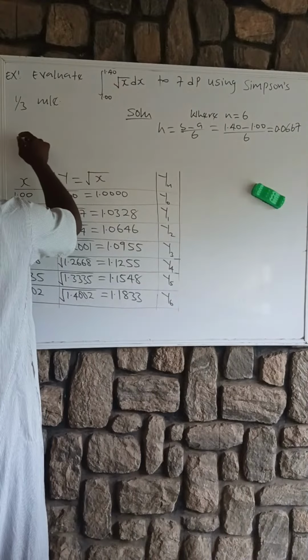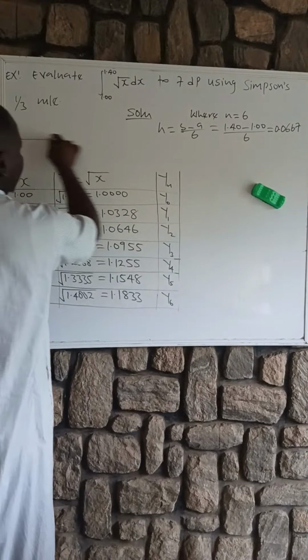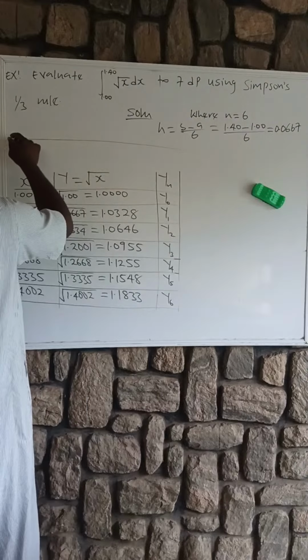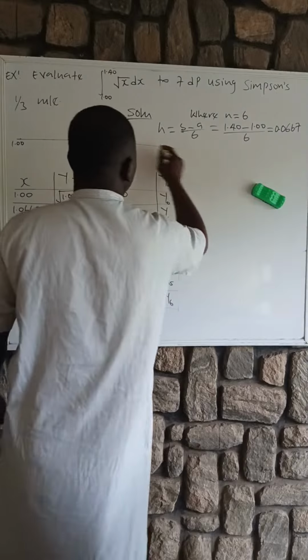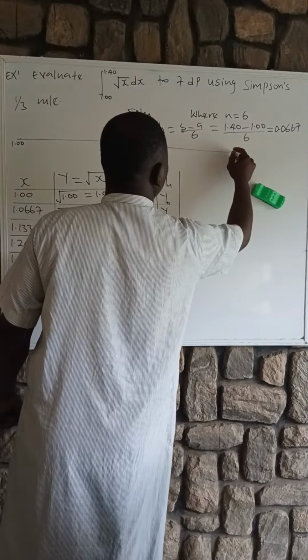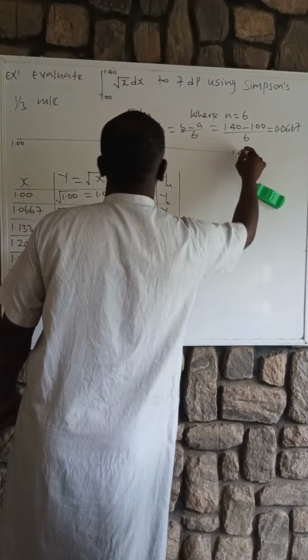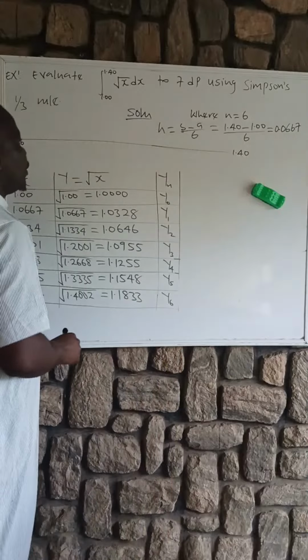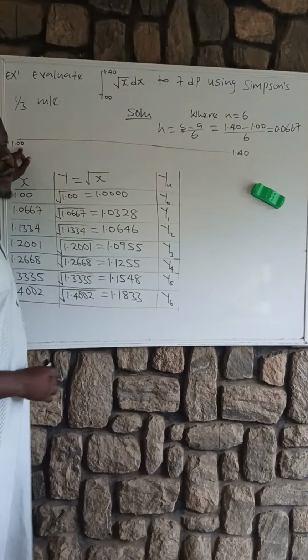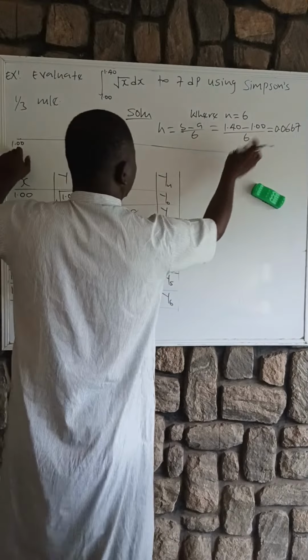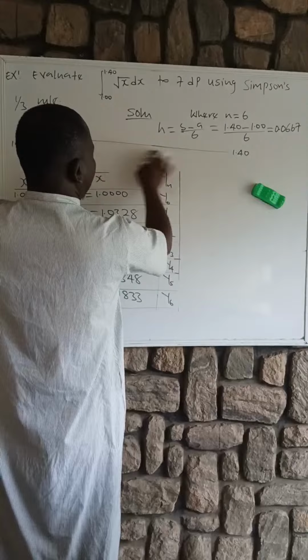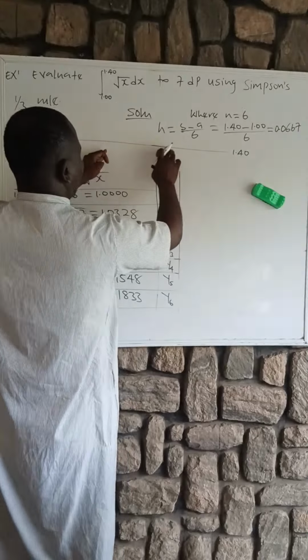Here we have 1.00, this is the starting, down to 1.40. So you have to look for numbers that are in between this and this. There are numbers that are missing here, true or false?